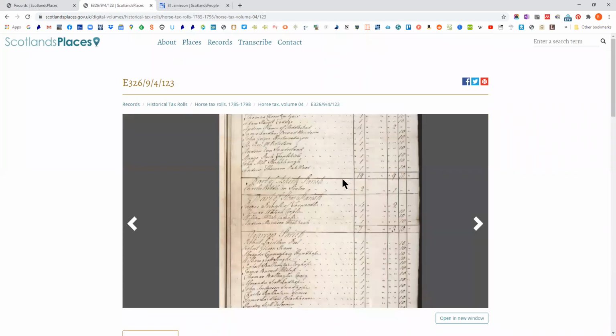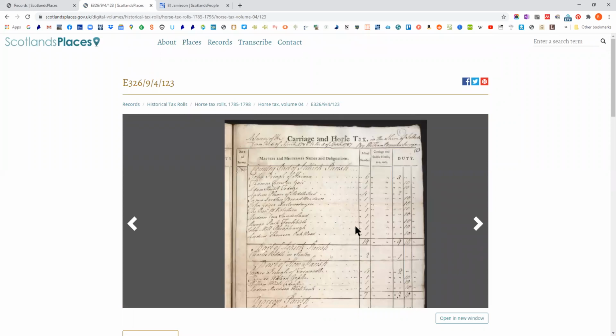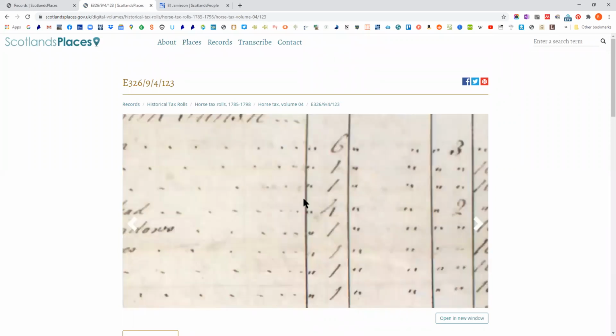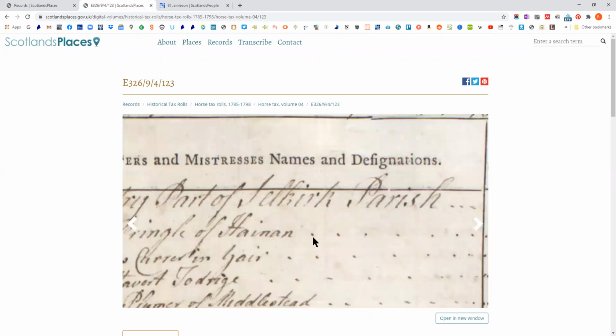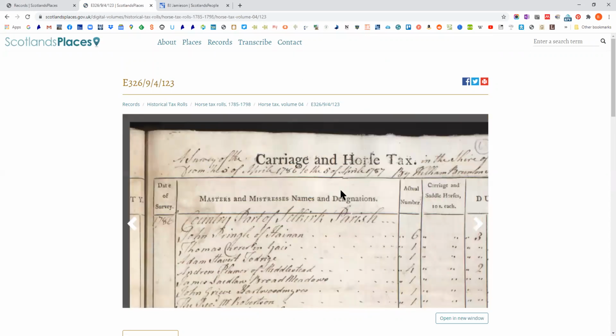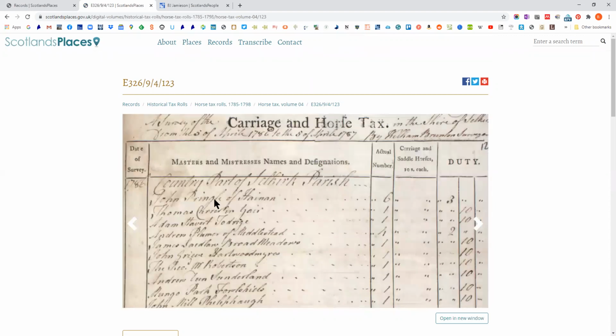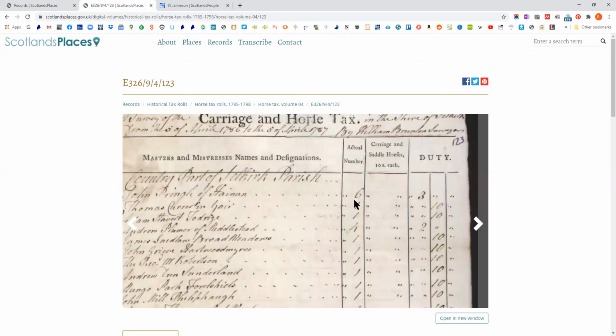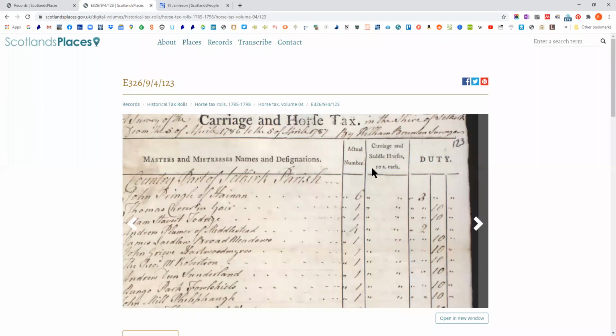So you have by parish, this is the carriage and horse tax. So it tells you that John Pringle of Heinen had 6, and so he paid £3.